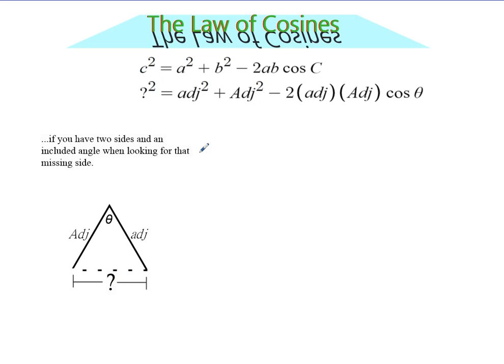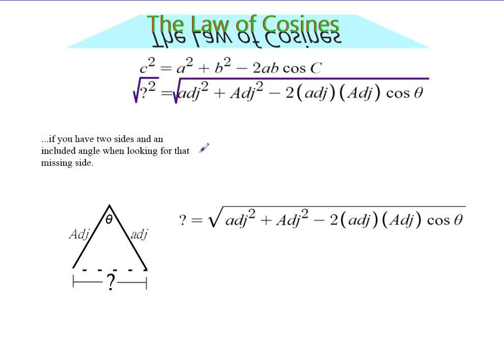It's being squared, so square root both sides, and there we have a missing side of a triangle. When you have side angle side, it is equal to the square root of the adjacent squared plus the adjacent squared minus 2 adjacent times the cosine of the angle. And keep in mind, these are interchangeable and these are interchangeable. The order there does not matter for the formula because of PEMDAS, or PEDMAS, sorry.